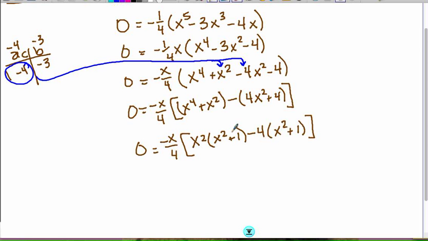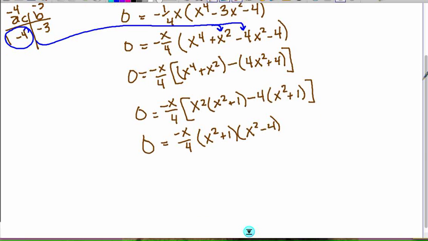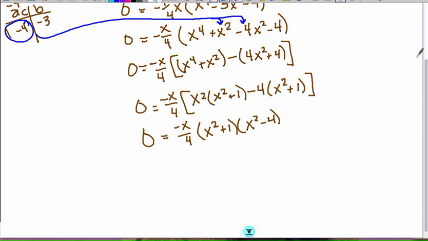Notice that I have 2 of the same term again. So 0 is equal to negative x over 4, and now I'm factoring the x squared plus 1 term out, so x squared plus 1. If I factor that out of this term, I'm left with an x squared. If I factor it out of this, I'm left with a minus 4. This is the factored polynomial, but I'm not done yet because I need to solve the polynomial.